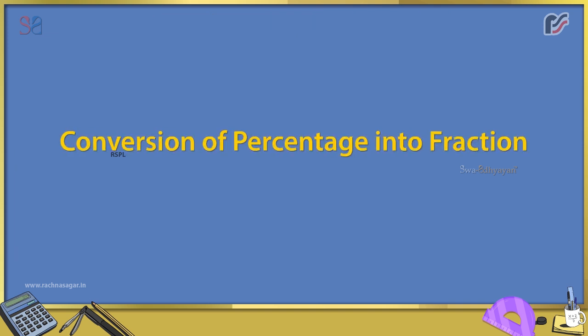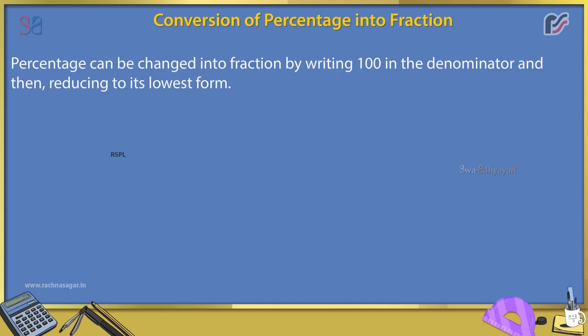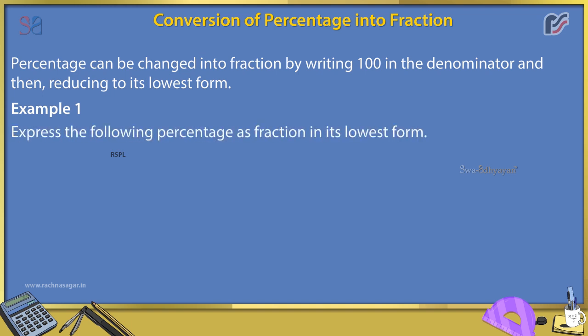Conversion of percentage into fraction. Percentage can be changed into fraction by writing 100 in the denominator and then reducing to its lowest form. Example 1. Express the following percentage as fraction in its lowest form.